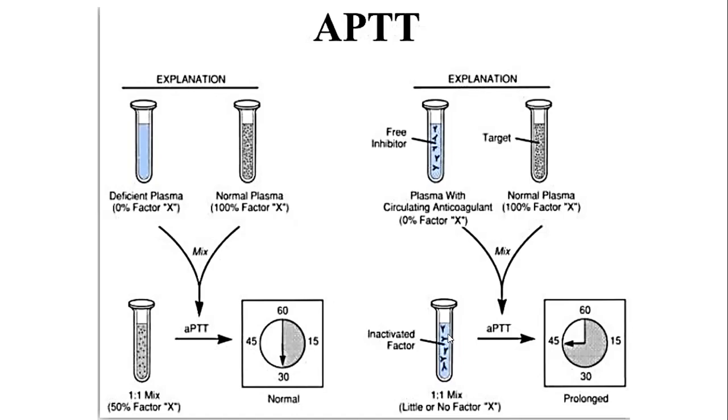So pag mix mo, the inhibitor from the first plasma sample will inactivate the clotting factor 10 nga ara sa second plasma nga sample, or in this case do ka control naton. So nung nagwa nga APTT result niya nag-prolong. So pag prolong ganyang sample, we can confirm ay nag-prolong ang original APTT results ng pasyente because in the first place, may inhibitor gali sa iya nga sample.